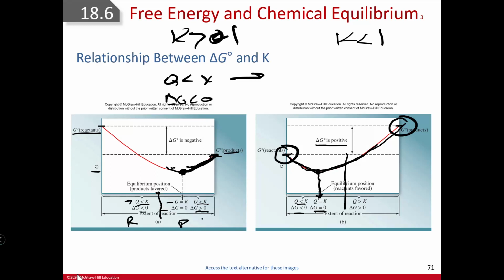So this shows you the relationship between Gibbs free energy and the equilibrium constant. I would take some time and look at this, just make sure you understand what's going on here, because I like the tie-in. This is why we did equilibrium before we came back and did entropy and Gibbs free energy.